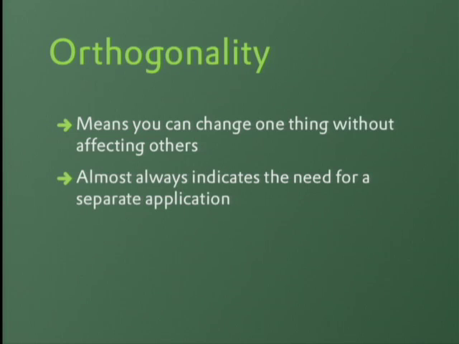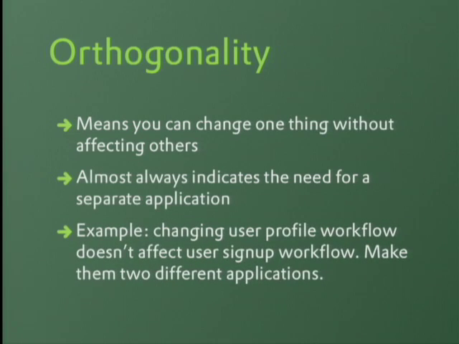And so going back to my example of the user profiles, changing the fields in a user profile, or changing the workflow for filling in your custom profile and telling us where you live and uploading your avatar, I can change that and have no effect whatsoever on how people sign up for accounts, which says this should be a separate application.